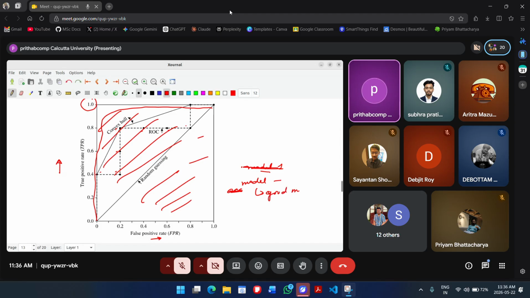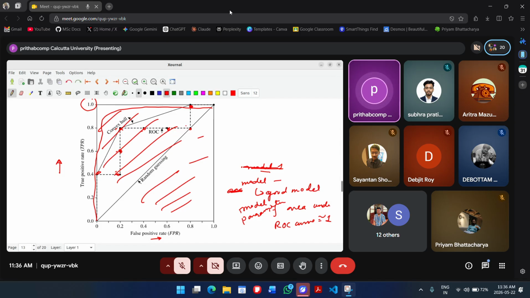A model is good if the area under the ROC curve is near about 1. Actually, you use different model parameters for getting these observations.